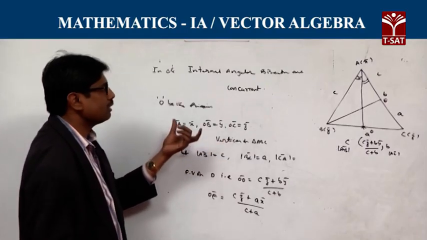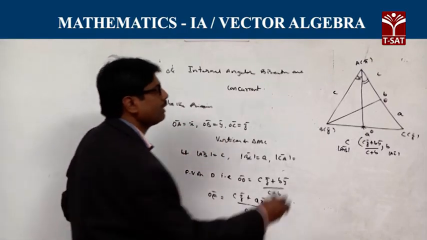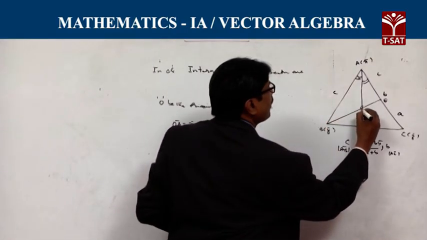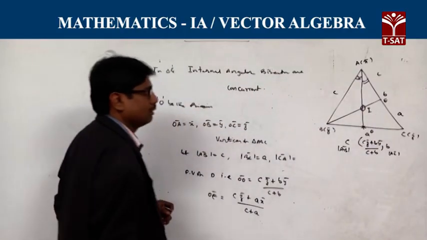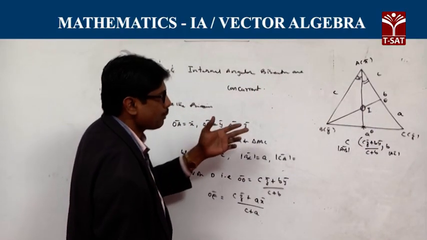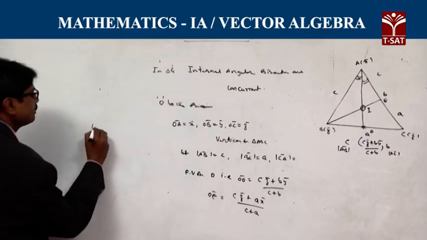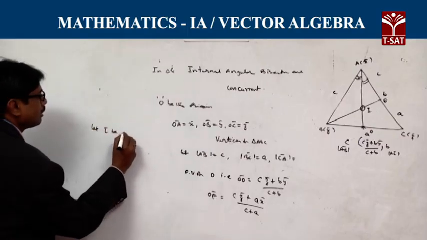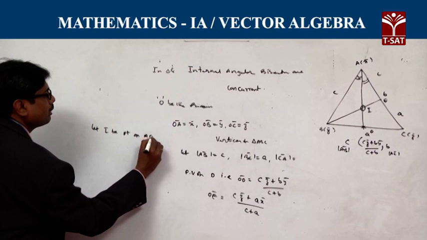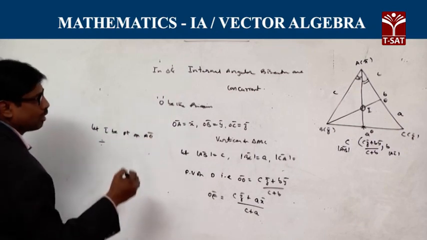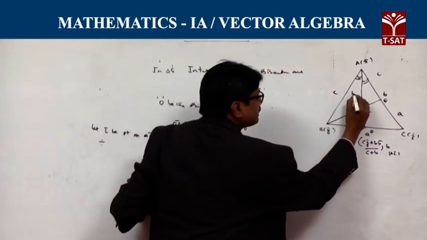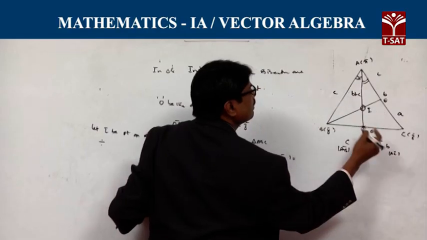Now to prove they are concurrent, I want to take one point I. Let I be a point on AD bar which divides it in the ratio of b plus c to a.